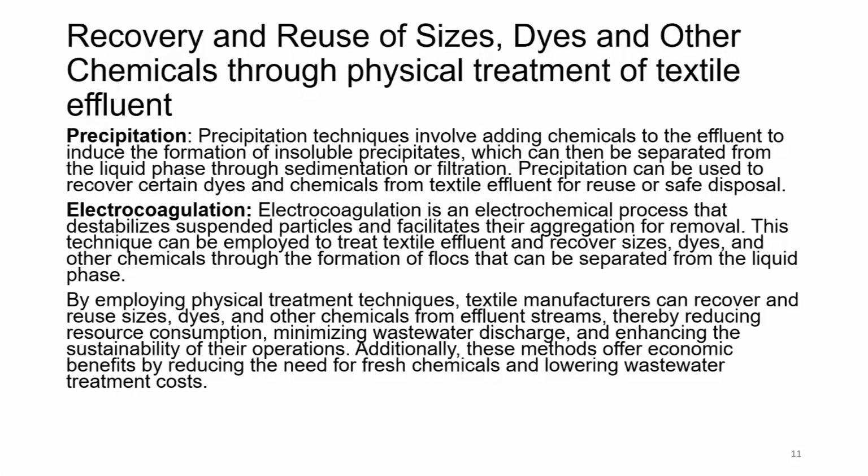Additionally, these methods offer economic benefit by reducing the need for fresh chemicals and lowering wastewater treatment costs. So, there are double profits in this. One is that the treatment cost is reduced because most of the contaminants can be isolated by any of the methods that we described just now and are very apt for removal and reuse.